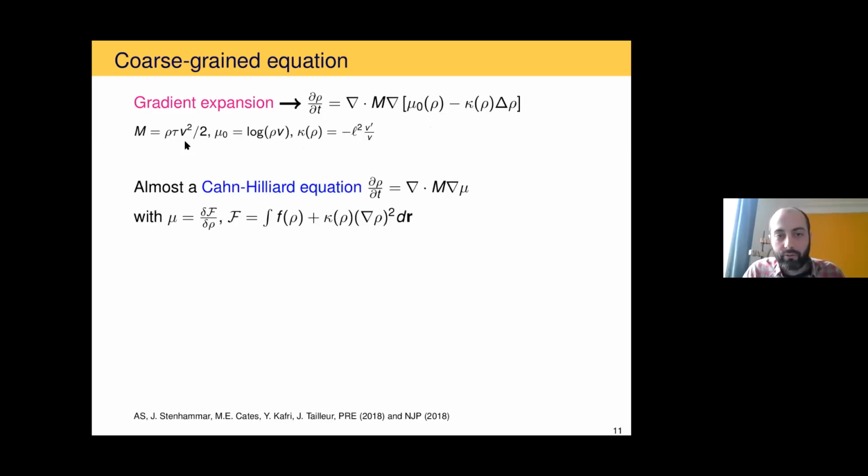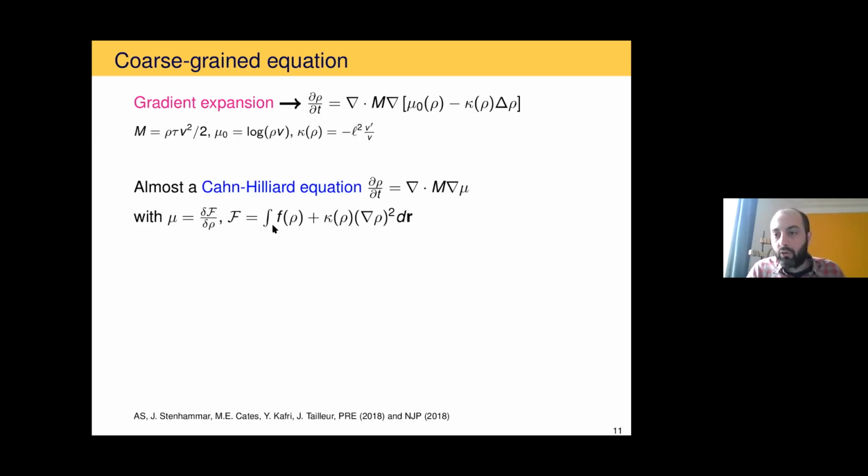For those who are familiar with it, you can recognize that it's almost a Cahn-Hilliard equation. The Cahn-Hilliard equation is the canonical equation that you use to describe phase separation in passive systems. And it looks like this. You have the divergence of M times the gradient of a quantity mu. And mu is the derivative of a free energy with respect to density.